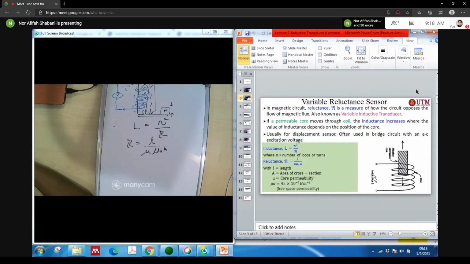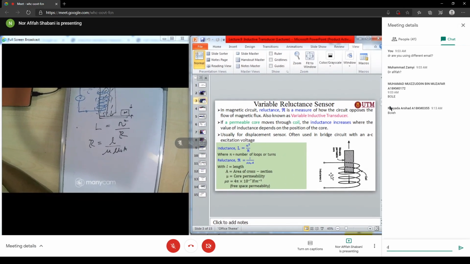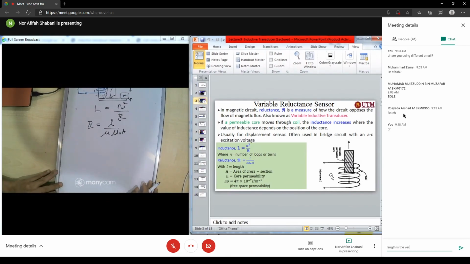Every core will have a core permeability here. So if you look at that, when R is increased, your inductance L will decrease.